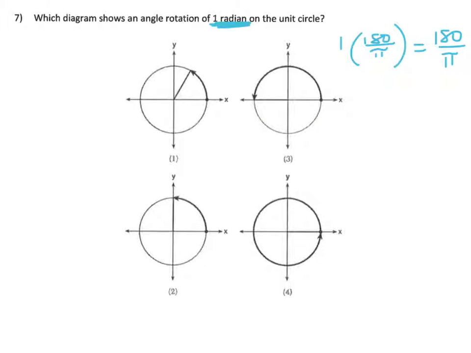It gives us approximately 57.3 degrees. So what we want to do is look at these pictures and see which one shows an angle of about 57.3 degrees. Well, that would have to be in the first quadrant, and it looks like this is the only diagram that shows an angle that looks to be about 57.3 degrees. So choice 1 would have to be our answer.